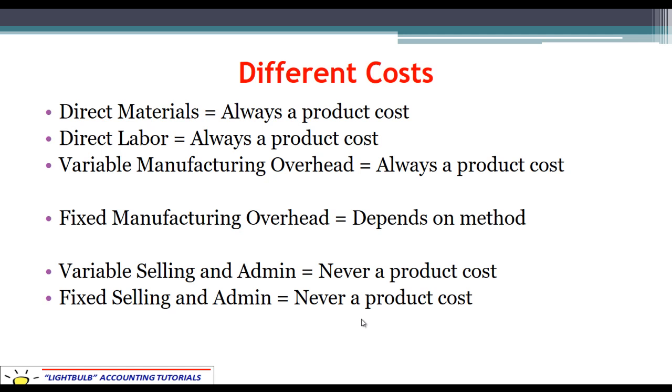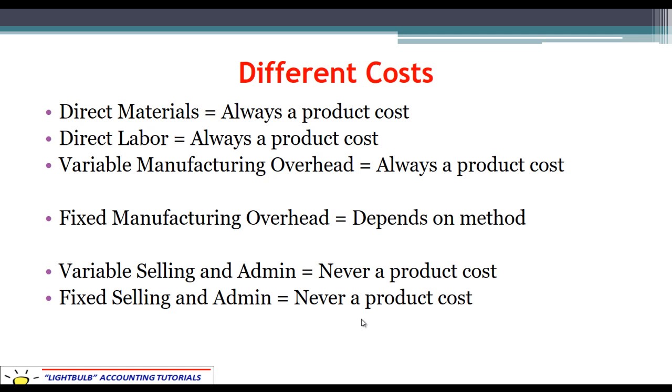Therefore, even under the direct variable costing method, it's still going to be considered a product cost. It's related to manufacturing, so you can easily see the tie to the product cost side. And again, the fact that it's variable allows it to stay as a product cost instead of being excluded under the direct variable costing method.